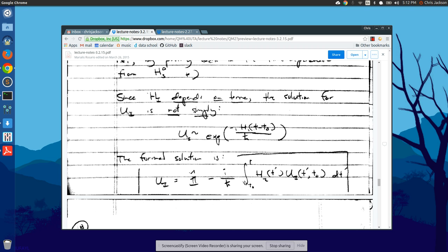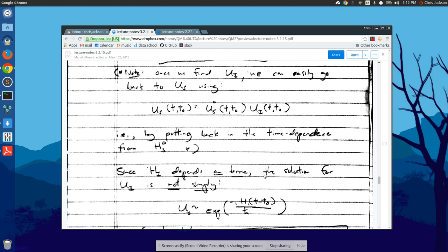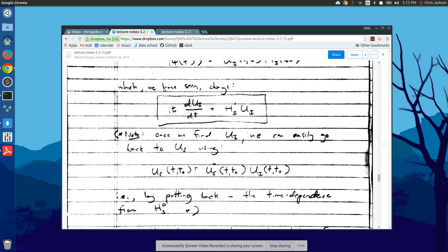All right, so the kind of unfortunate thing in this interaction picture is that because H1 or HI, our interaction picture Hamiltonian, depends on time by construction, we're never going to have a situation where the solution is nice.